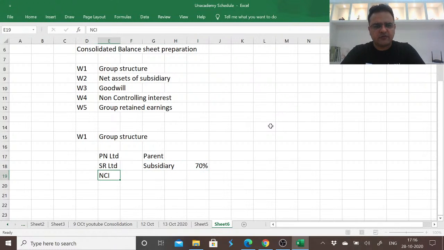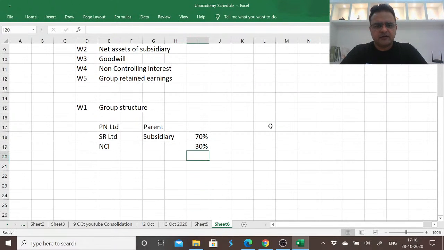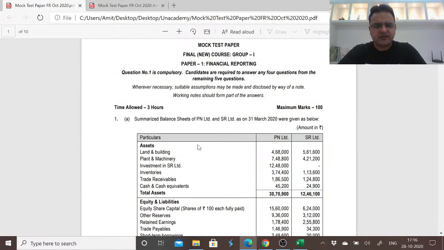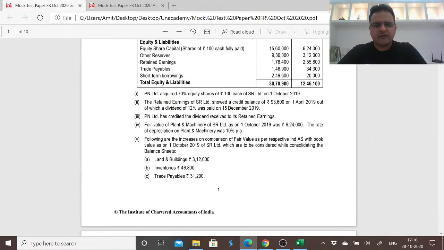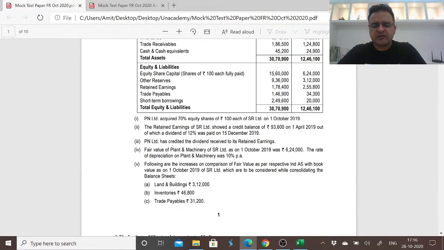NCI has a share of 30%, and the date of acquisition of this investment is 1st October 2019.